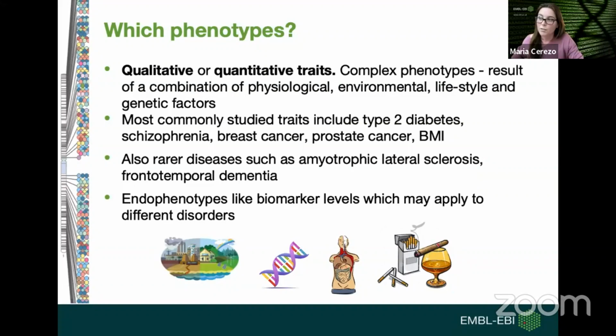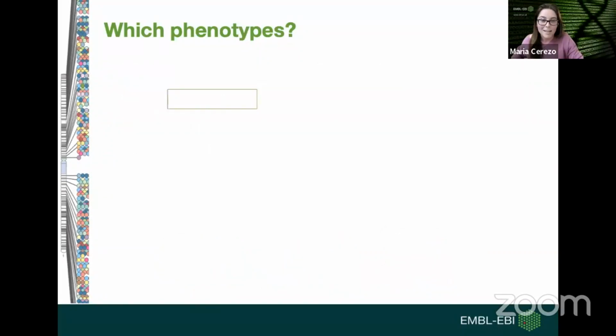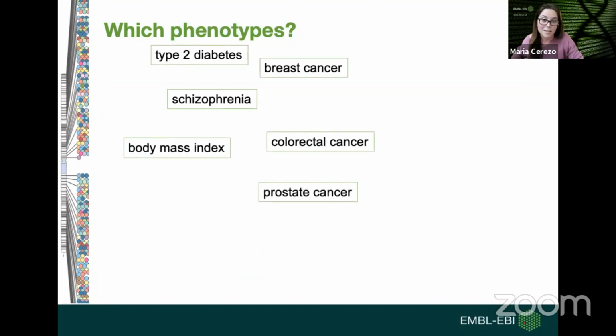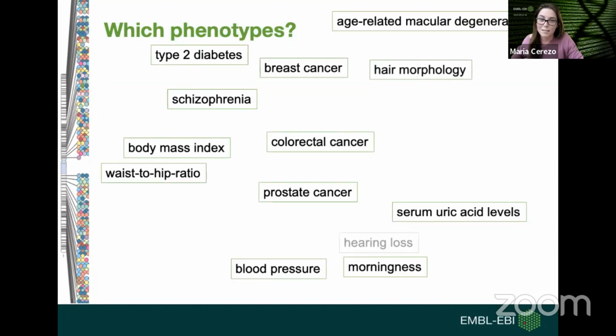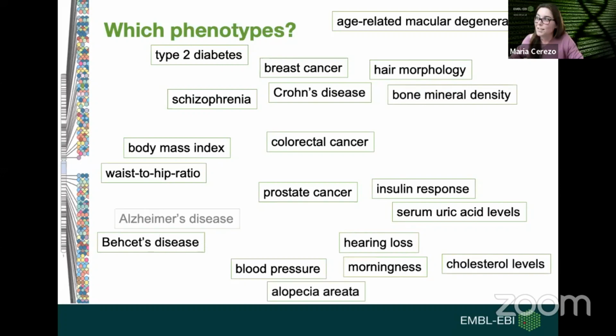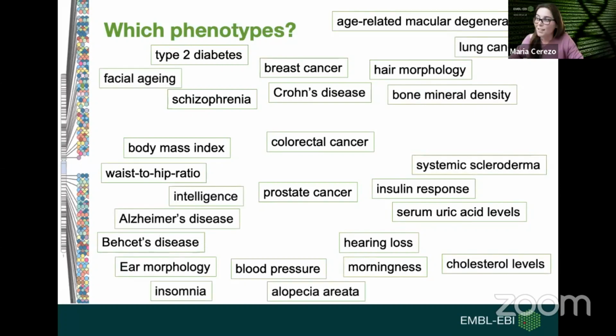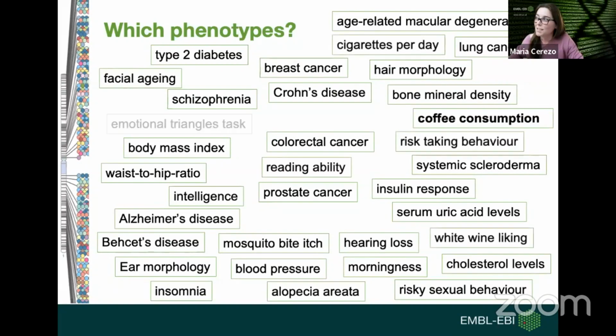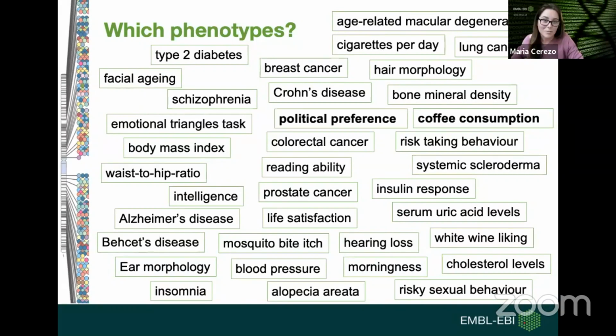They can also be endophenotypes like biomarker levels, which may be applied to different disorders, but almost anything. In the latest count, over 4,000 traits are recorded in the GWAS catalog, and you can see that it can go from common diseases to coffee consumption or political preference.